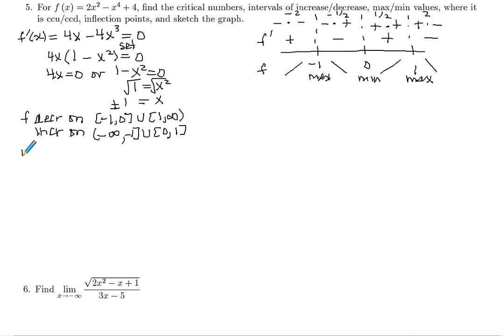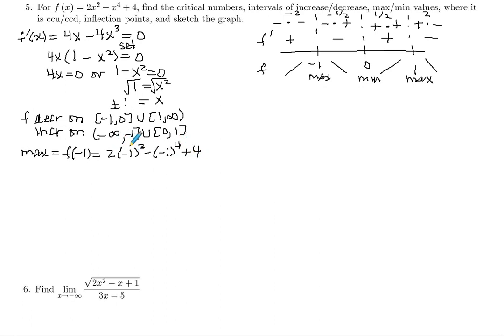Okay, so we've got our max is going to equal the function value, the y value, f at negative 1. And then we go back to the original function for our maxes and mins and also inflection points. So 2 times negative 1 squared minus negative 1 to the 4th plus 4.